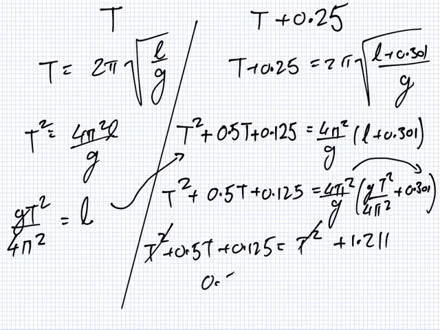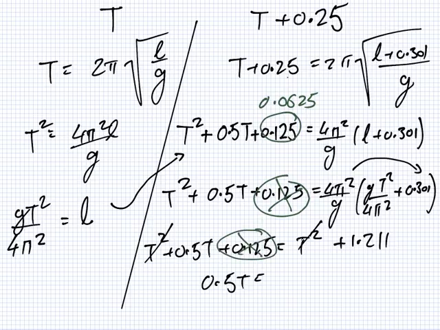So I get 0.5T equals... oh wait, hang on. I said this is 0.125 here when it's not. It should have been, sorry, 0.0625. So that needs to be changed as well. Sorry about that.